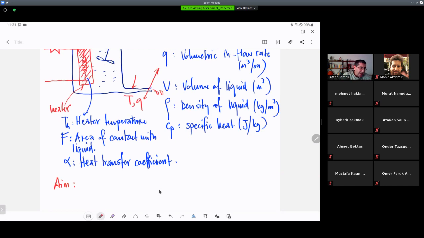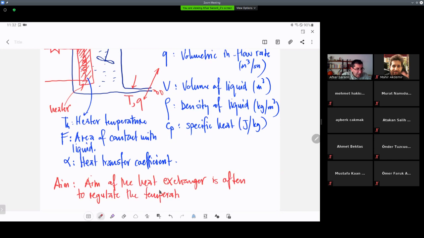So the aim of the heat exchanger is often to regulate the temperature of the outflowing liquid.